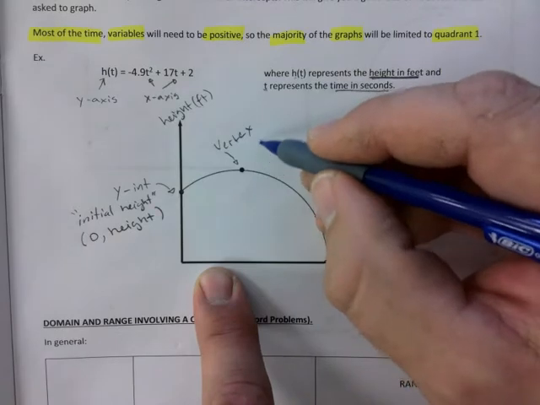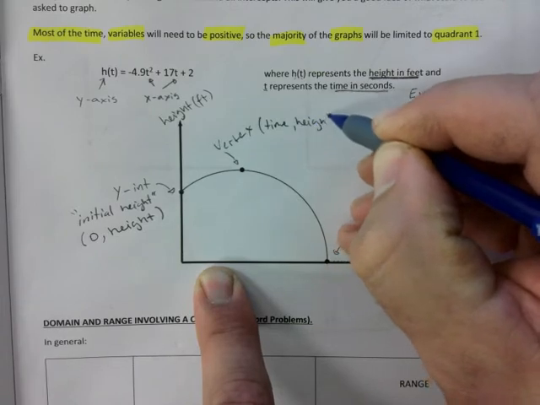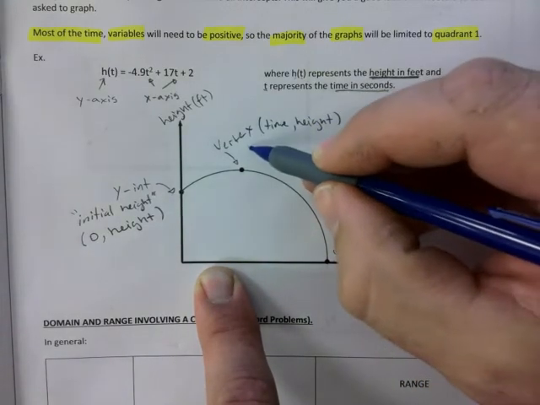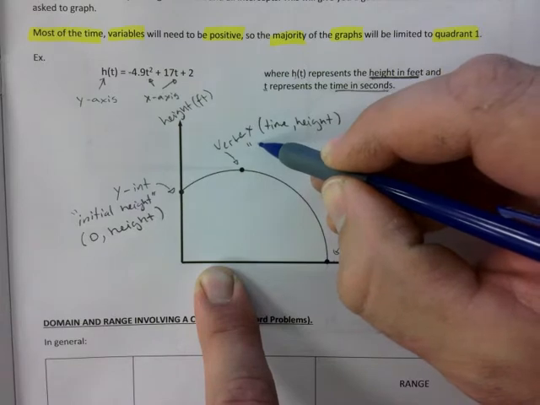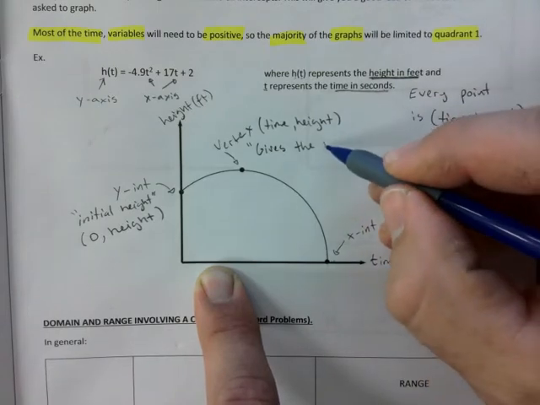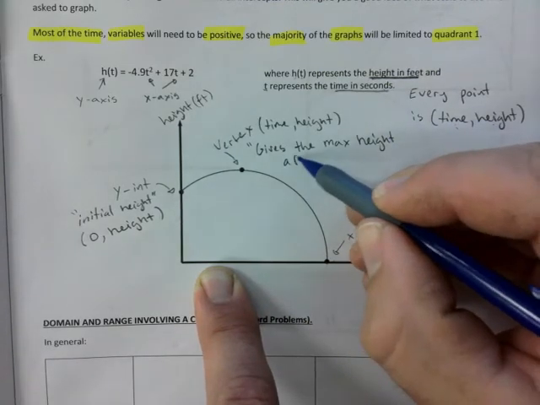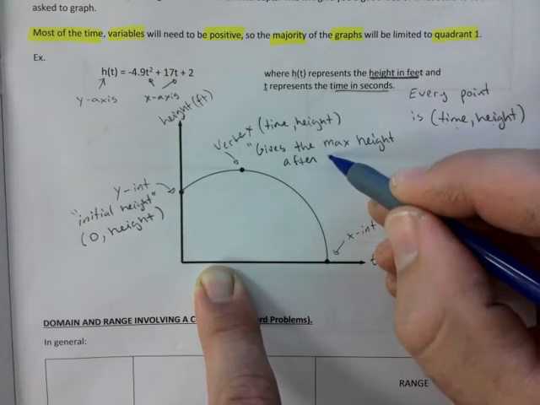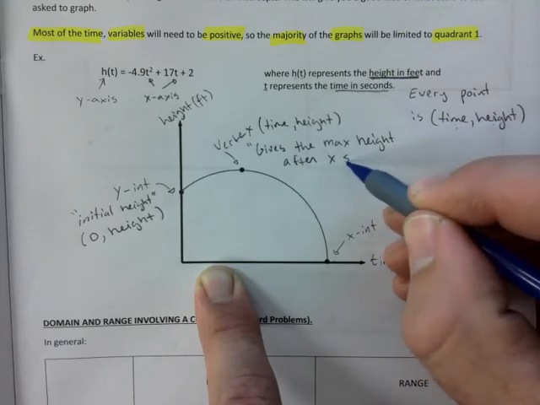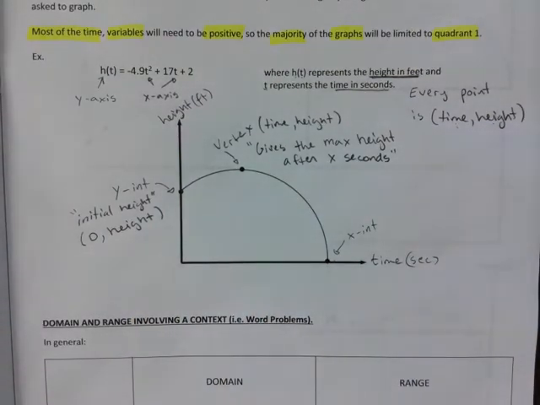So the vertex here is still time and height, but it's going to give you the max height after x seconds. Okay, so that vertex now will give you the maximum height that this particular object gets to.